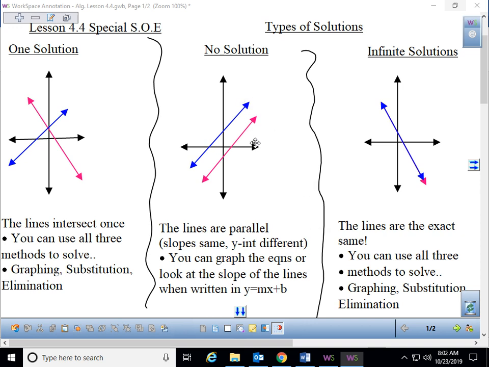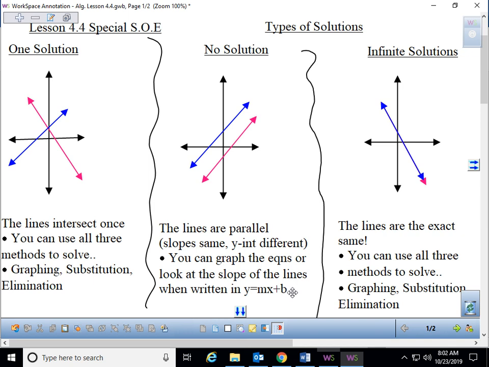Now there's a couple ways you can figure out if there's a no solution. Yes, you could graph it. That's pretty time consuming. But the more common way to figure out if you have a no solution is looking at the slopes of the lines. Now this only works if you have the equation rewritten, so it's y equals mx plus b. If the equation is not given to you like that, rewrite it. That would be almost your first step every time until you learn elimination.